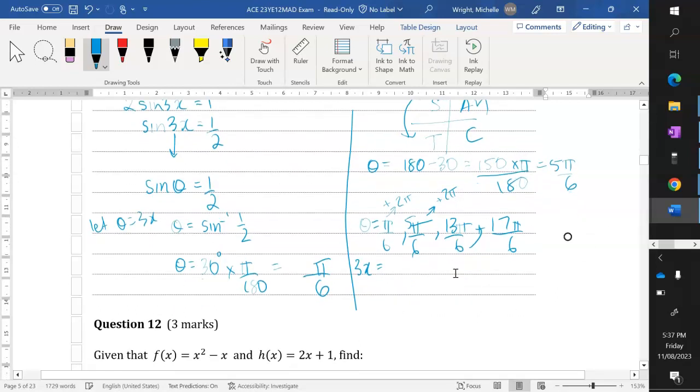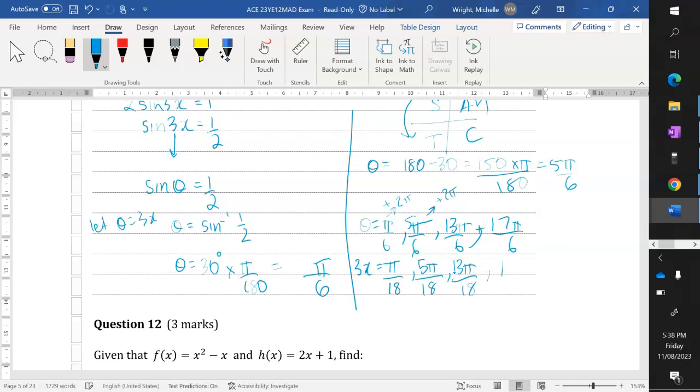And now I need to divide each of these things I've got up here, each of my solutions, by 3. So pi on 6 will become 6 times 3 on the bottom, which is going to be 18. I'm going to have pi on 18, 5 pi on 18, 13 pi on 18, and 17 pi on 18.